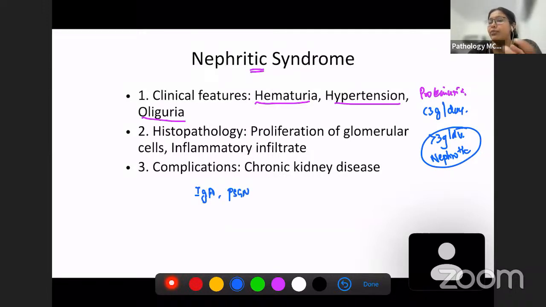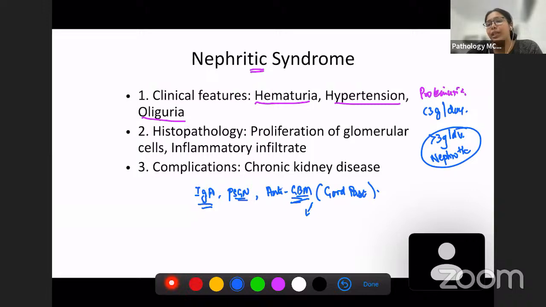We can write the key features associated with IgA nephropathy and post-streptococcal glomerulonephritis. We are also going to have anti-GBM disease, which is also known as Goodpasture syndrome. We can write a few lines about Goodpasture syndrome, which is autoantibodies against the glomerular basement membrane.